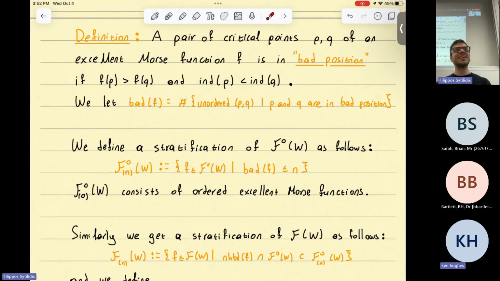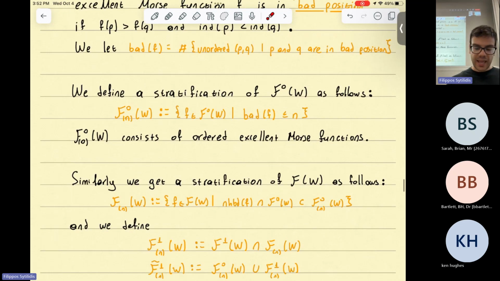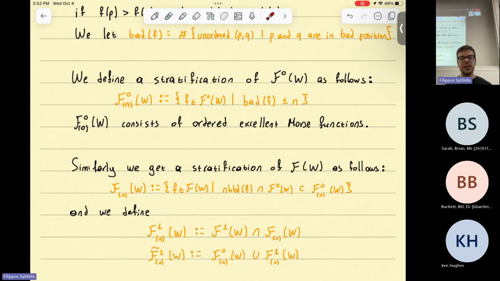I'm going to define bad of f. I started learning programming very recently, so I'm a little bit affected in how I define functions. I'm going to define bad of f to be the number of unordered pairs of critical points that are in bad position. And I'm going to define a stratification of F0 of W, the space of excellent Morse functions.